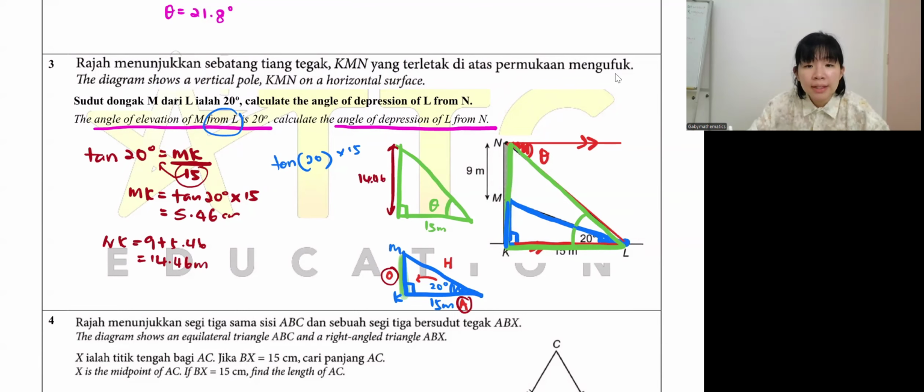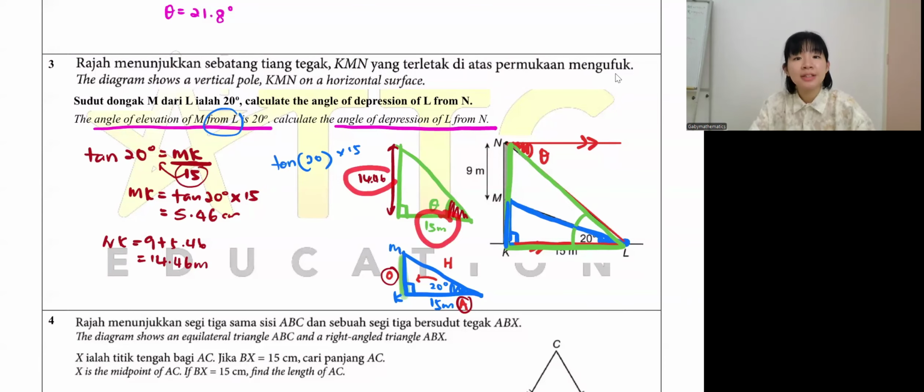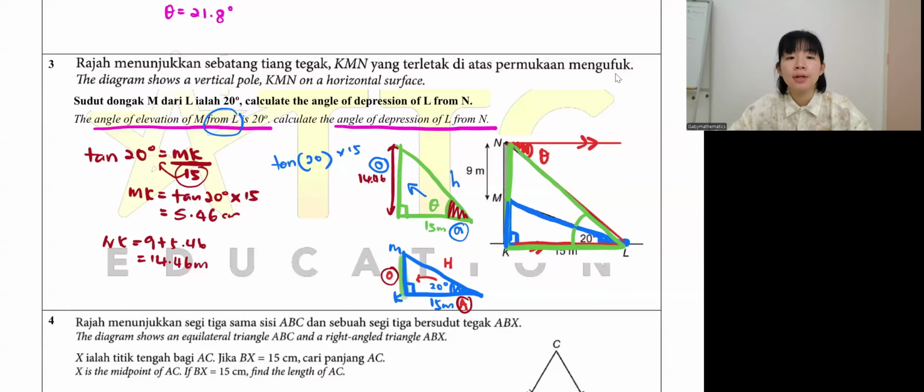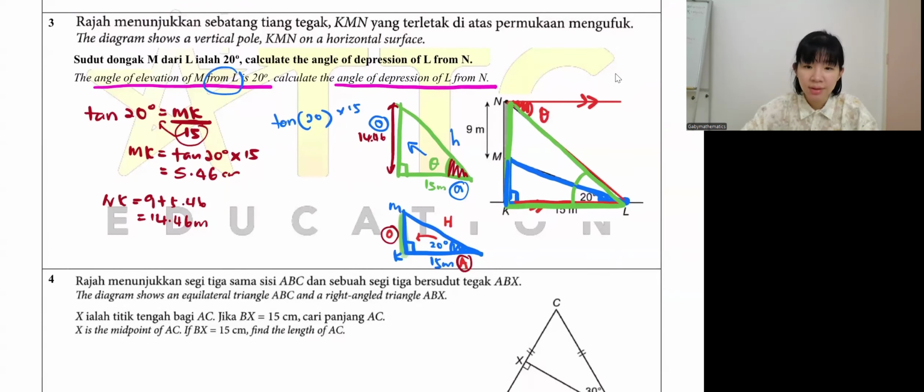If I want to find this theta, do we have enough information? This triangle has two lengths, so yes. Use sine, cos, or tangent. Opposite of the angle, this one is O, this one is A, this one is H. So we choose OA, tangent again.